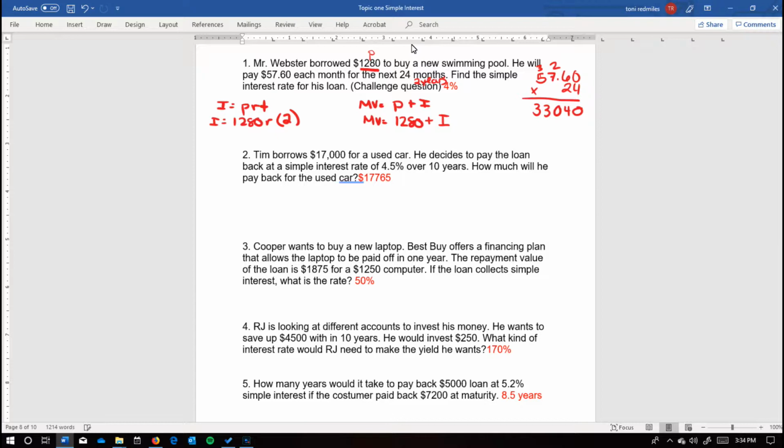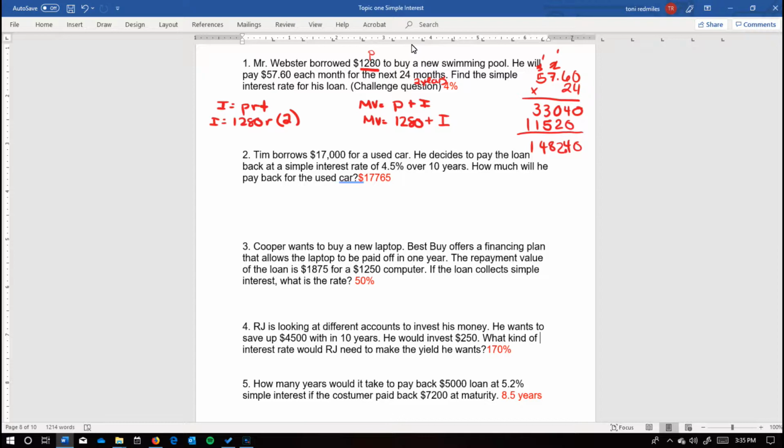Get lined up underneath the 2. Add going down. Put my 2 decimal places back in. And I know over the course of his loan he's going to be paying back $1,482.40. Okay.